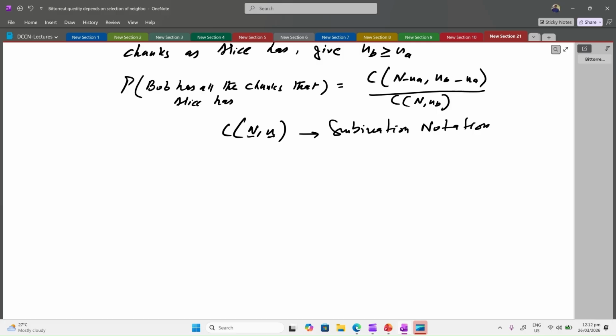There are different ways in which we can solve a combination notation. In fact, there are three different ways that can be used to solve combination notation.